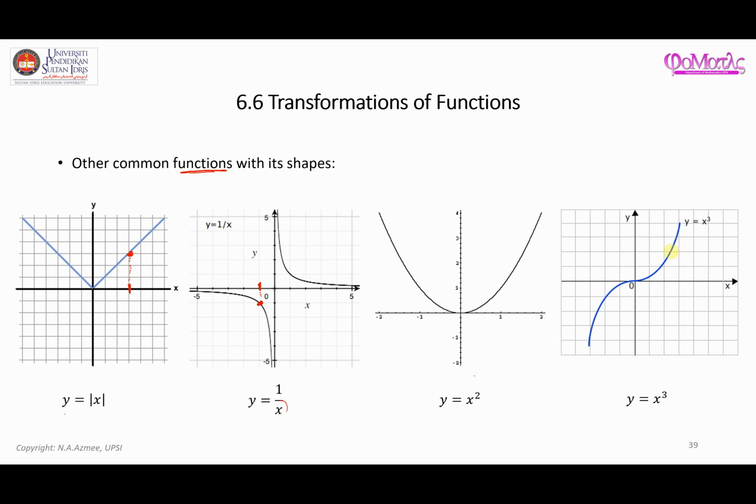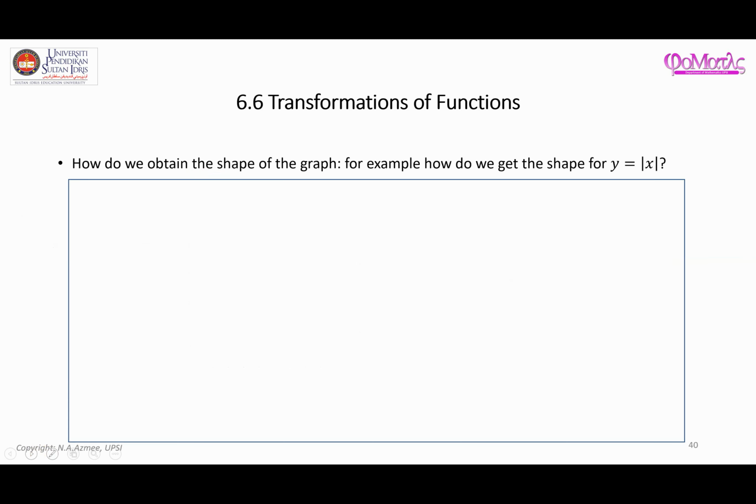This is quite a common function too. Now it will be good if you remember these common shapes, because then if you are required to sketch a more complicated function, maybe you can play around with your basic knowledge of common functions here. Alright, let's move on to the next slide.